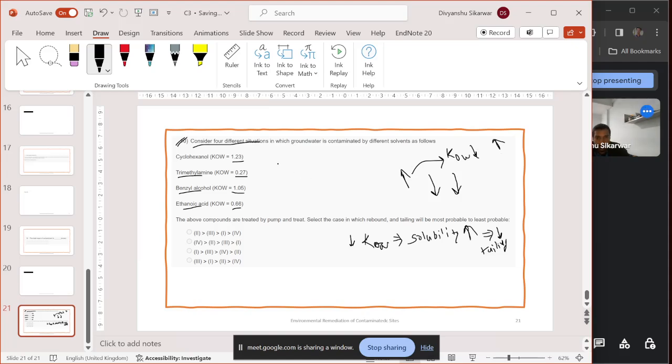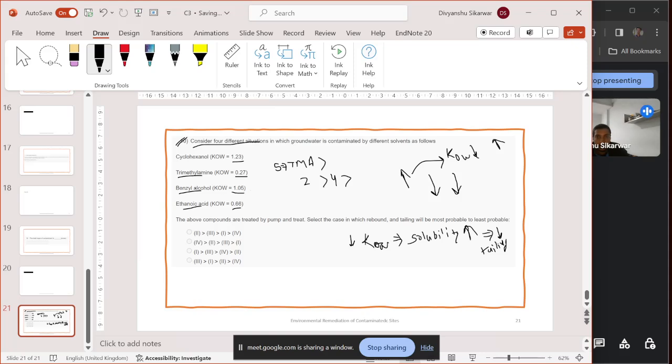If we arrange for solubility, the most soluble will be methylamine, which will have the highest solubility, that is, 2. Then it will be 4, ethanoic acid.